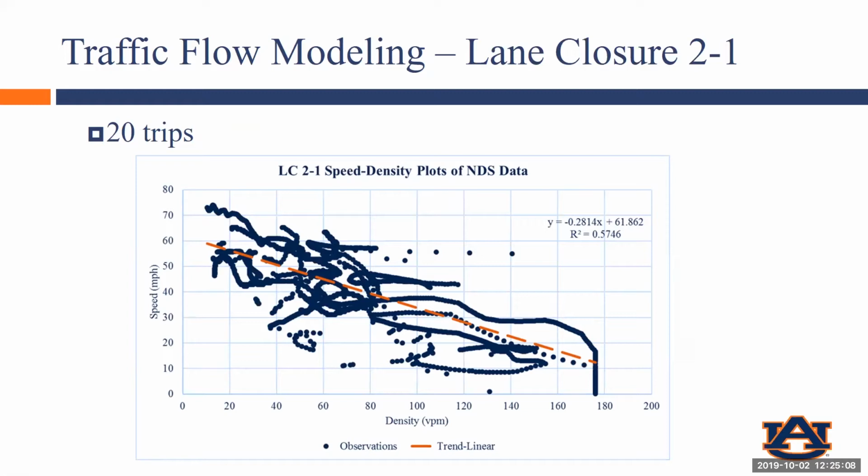You find all these points: what's the speed, what is the density. And so you can draw a relationship between the speed and the density. We use linear regression and show the R square is 0.57 for the lane closure 2-to-1 speed and density relationship.